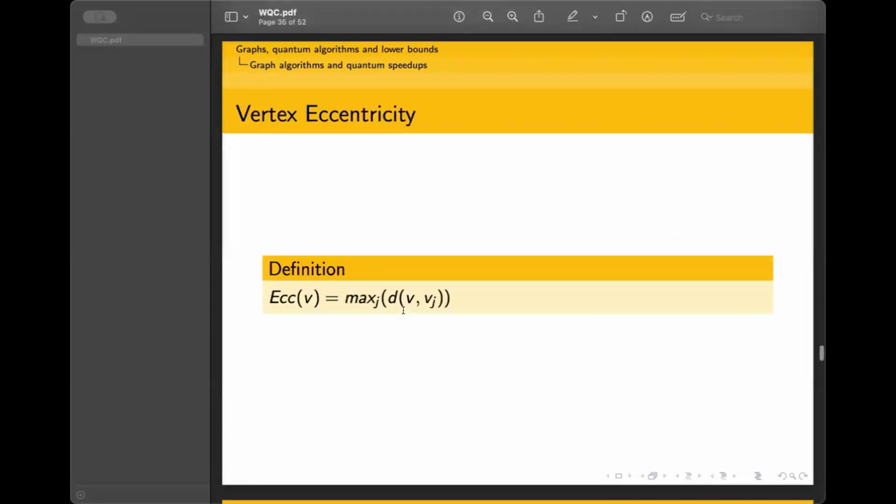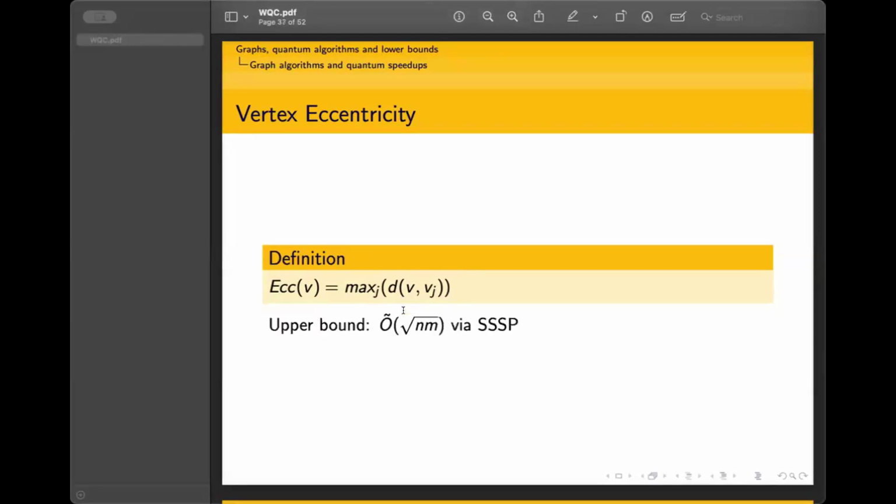Okay, we'll now move to the other graph problems that I mentioned. Vertex eccentricity is a very standard thing. The eccentricity of a vertex V is the maximal length across all shortest paths from the vertex V. You compute all shortest paths from a vertex, get their lengths, and the longest is the eccentricity of that vertex.